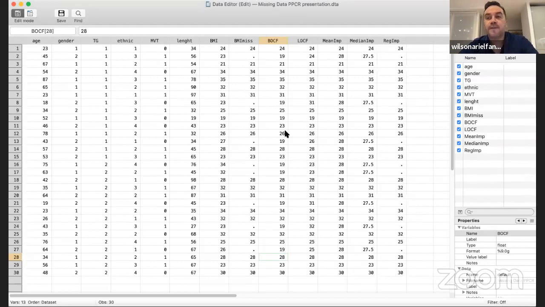But why did you choose 19? I didn't understand why you chose the value 19. It's just an example, because the baseline of the BMI was 19 here. But again, I'm not saying that it makes sense.